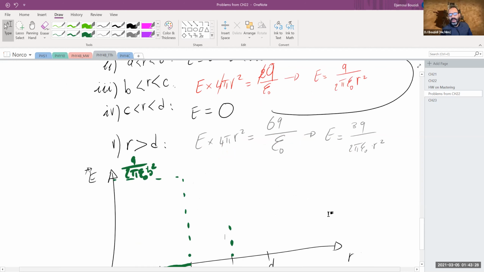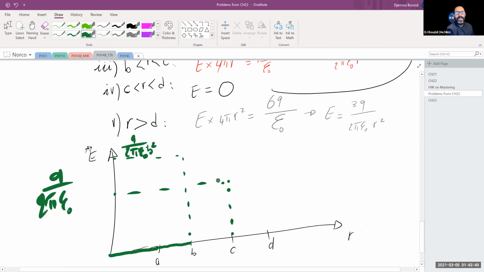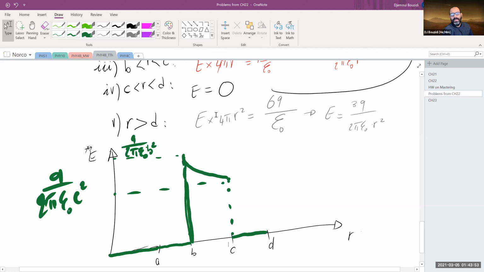Up when we reach C, we're going to have this much value, and it drops. So this value now is Q over 2 pi epsilon naught times 1 over C squared. So this drops like this. So it's discontinuous at this point. Jumps, if you wish. Then inside the second conductor between C and D, we found it to be 0. So it's discontinuous in there.